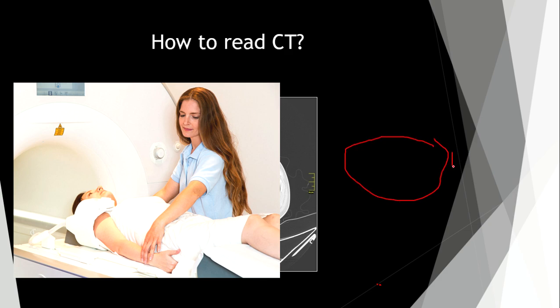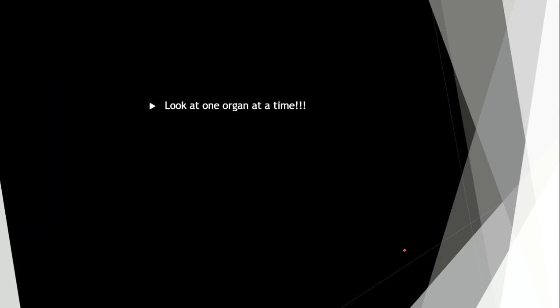On our right we have the left side of the patient, and on our left we have the right side of the patient. Okay, and here are the feet. Look at one organ at a time. You must remember this as a rule.